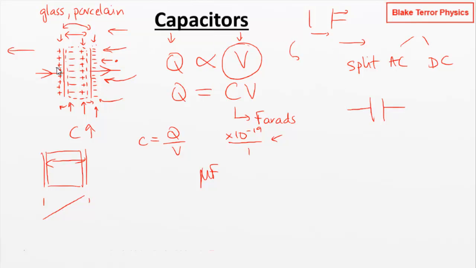We've already seen the effects of blocking DC, because if you've got DC, the current will flow until we no longer have the energy to force any more electrons onto the negative plate, in which case DC then stops. AC doesn't have the same problem because the current's always changing direction.